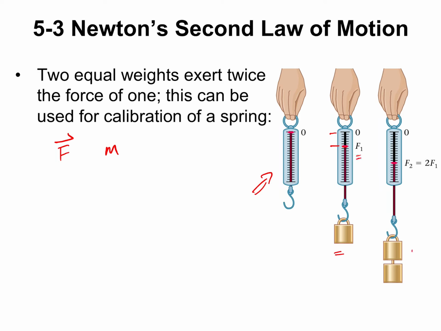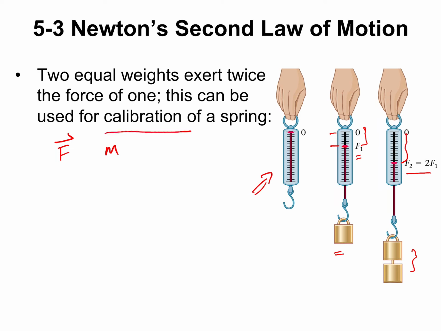If you have two same objects together, put there, then the force equals 2F1. So the displacement, or stretch, on that spring here is twice the stretch of the spring here. Which means you can calibrate the force.